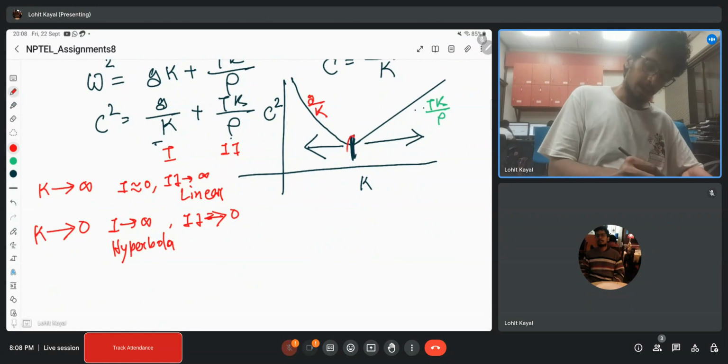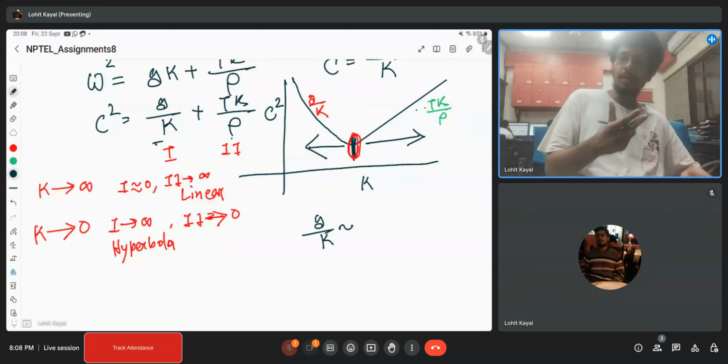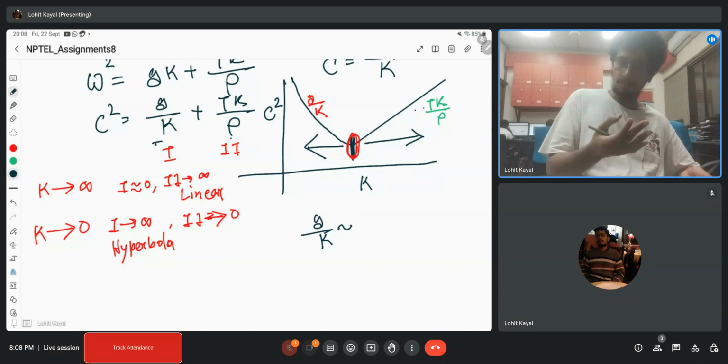Now when they are almost the same, at that point, if I try to find the value, it will be g by k is equal to Tk by rho.